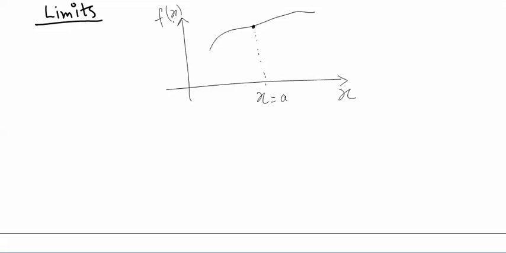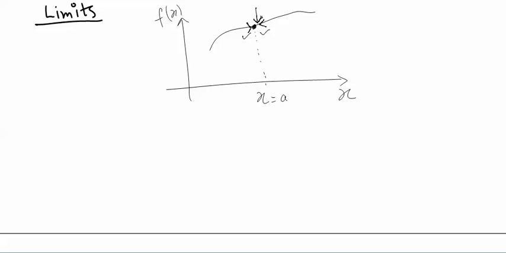Now you are not able to find the value at this particular point, but you are able to find the value just on the left hand side of this point and just on the right hand side of this point, right? And you say that these two are giving you the same value. Then you can say that the limit exists at that particular point.